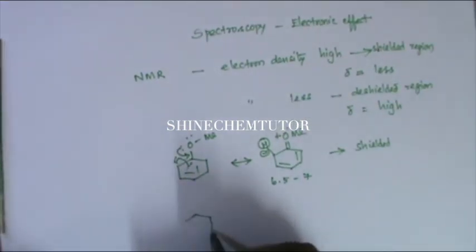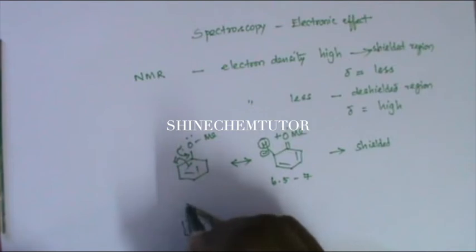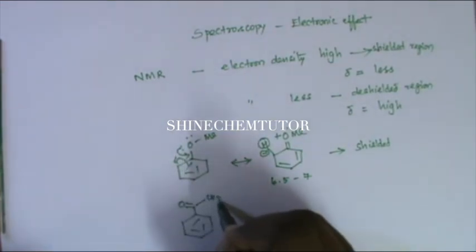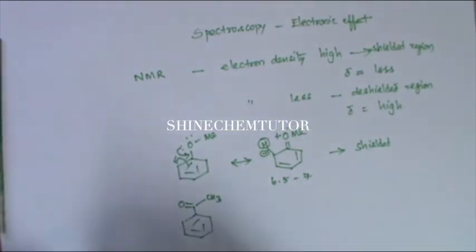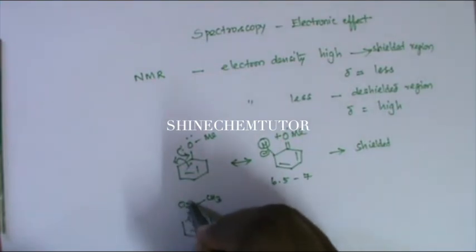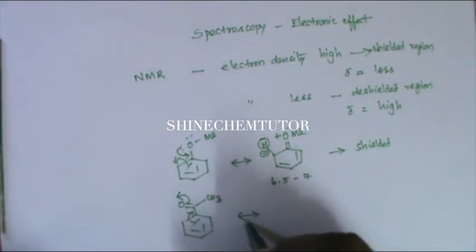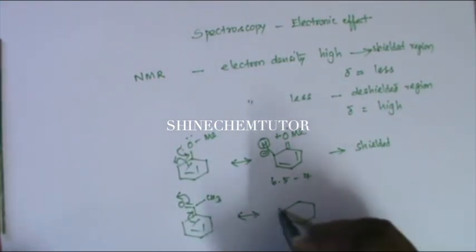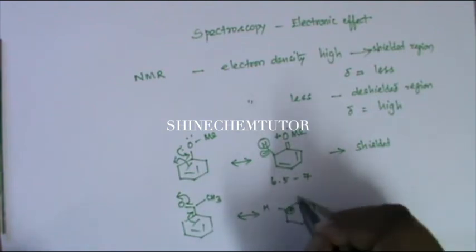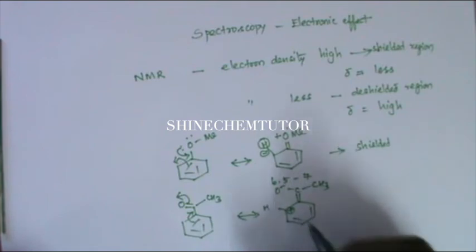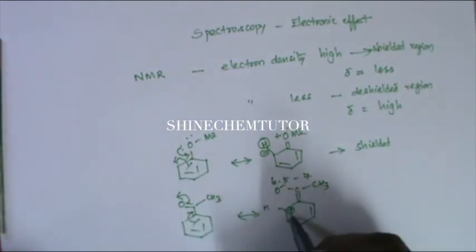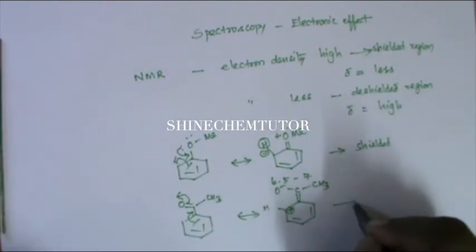I go for another system, acetophenone. Now since the electron is going away from the ring, we get a positive charge here. Because of that positive charge, it is in the de-shielded region.